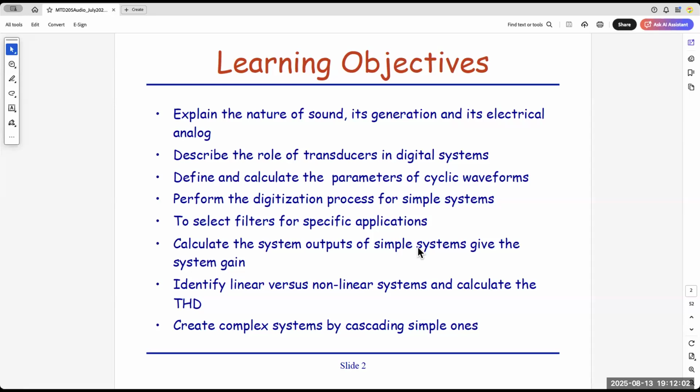This course gives you an introduction to how sound is generated, and how humans can use technology to manipulate sound to what they want.